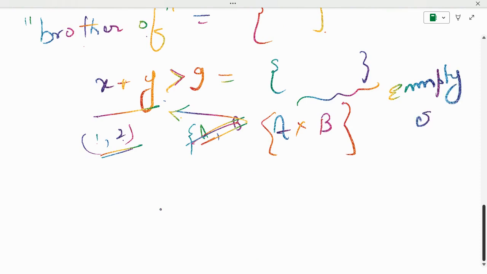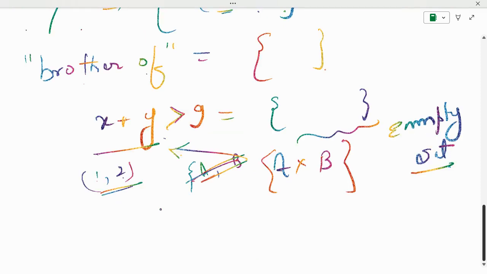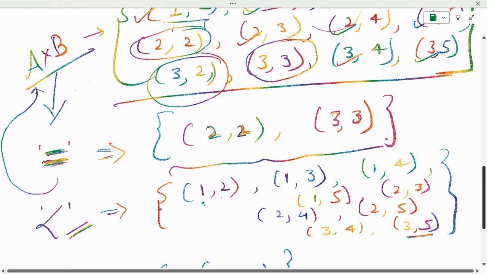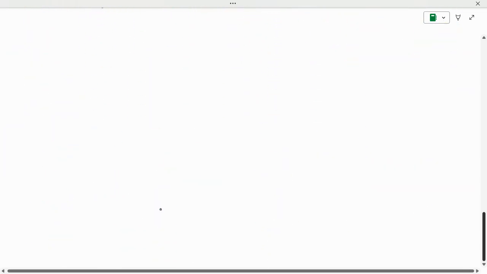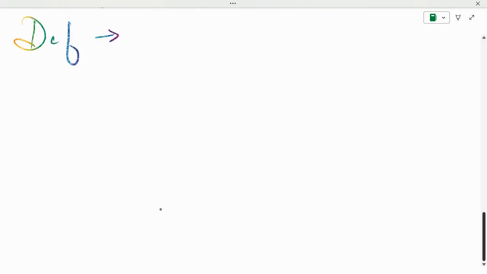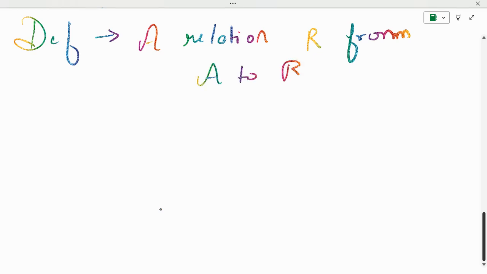Okay, so in this way, we can define multiple relations on a particular set based on certain conditions, right? So this is what we are going to discuss in this video. So here comes the definition: a relation R from set A to set B, or from A to B, is a subset of A cross B, right?